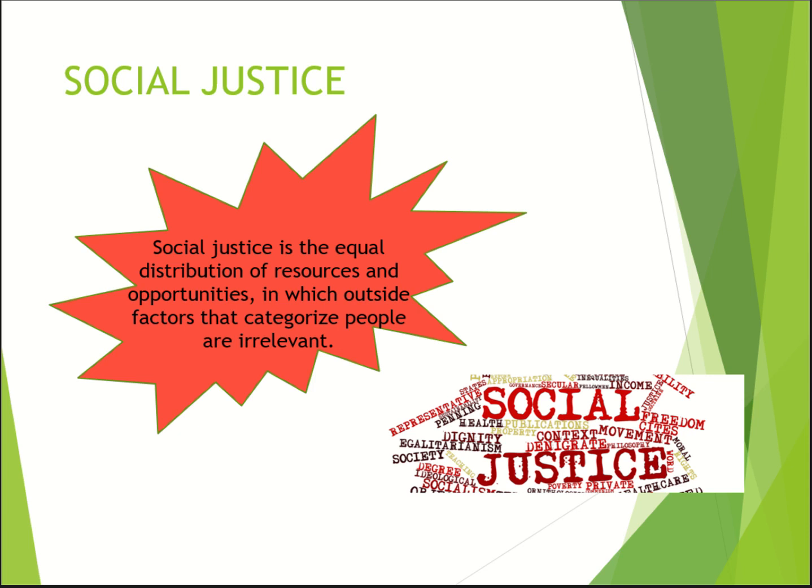Opportunities could be the opportunity for education, to be a healthy, thriving person in the community. It could be the opportunity for career aspirations, or to pursue something that you love doing, whatever that is.